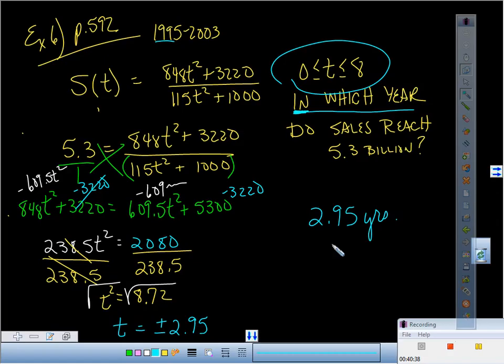I was thinking that it started at 1995, so 1995 plus the 2.95 is 1997.95. That's almost 1998. But if I said in which year, I want you to tell me the very last part: December at the end of 1997.